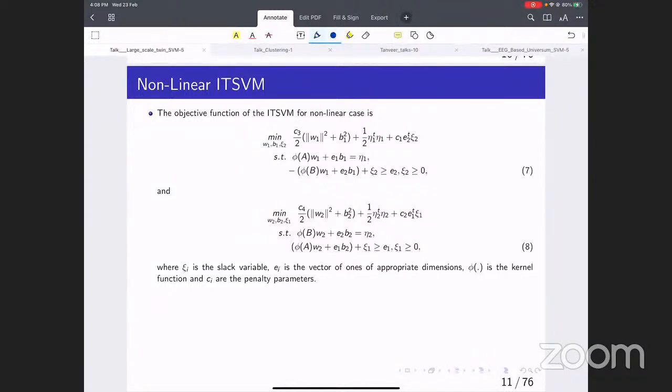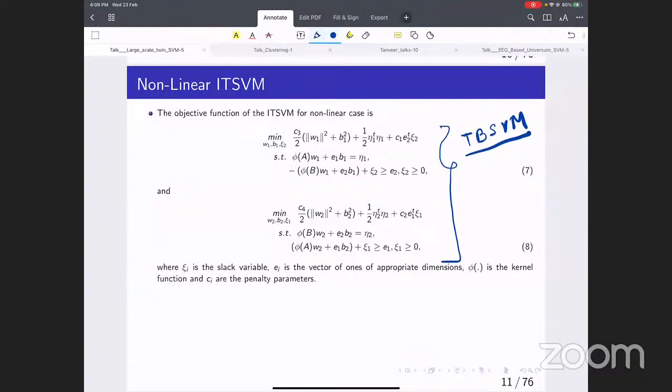Essentially, this formulation and the twin bounded SVM formulation are exactly the same, nothing changed, 100% same.